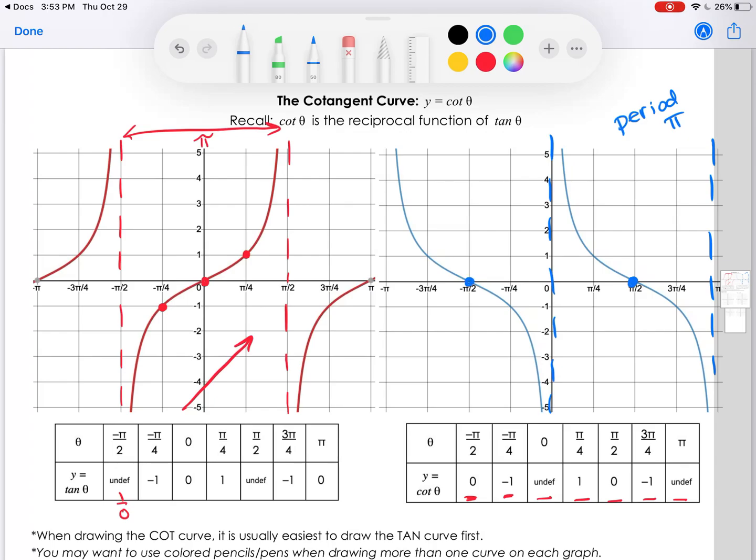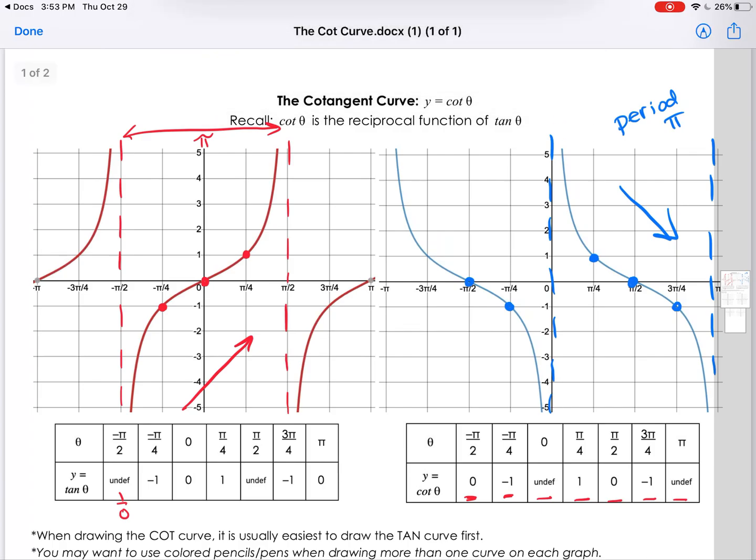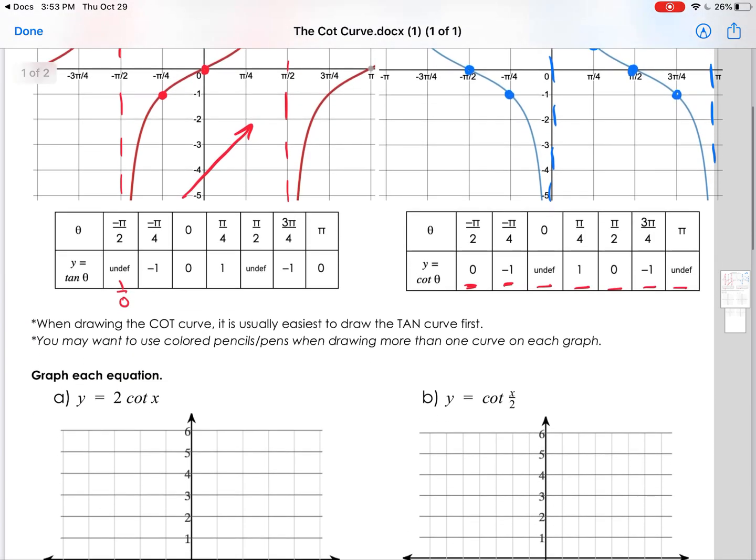And then my regular points are staying pretty much the same. So I would have had negative 1 and 1, but now instead of them being on the same curve, they're on separate curves. So I see that it looks like tangent has really just been shifted over and reversed, right? So instead now we're always going to be decreasing.